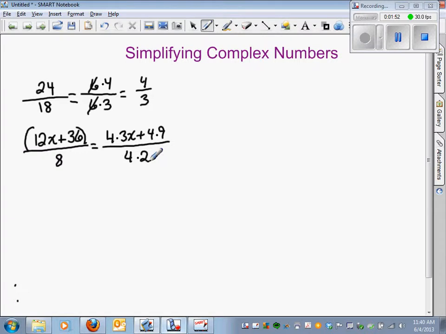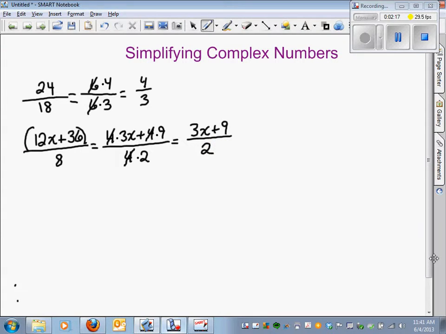We've just broken down each piece into 4 times its other factor. So looking at the fraction, now we have a common factor of 4 between each piece in the numerator and the denominator. That common factor of 4 can be divided out, and we're left with the fraction 3x plus 9 divided by 2. That's the simplified form of our fraction.